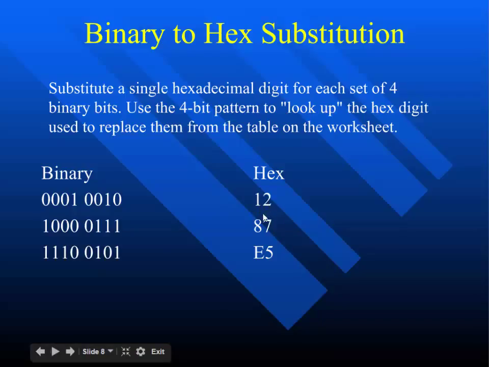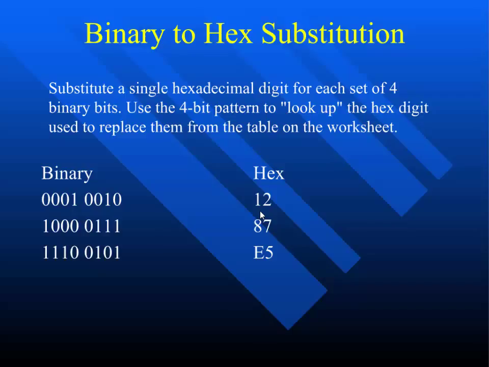So the base 16 number is 12. Notice I didn't say twelve. 12 in hex is different than twelve. Twelve implies base 10. 12 in base 16 is actually 18 because the 1 is in the 16 column. So you say 16 plus 2, that's 18. So don't say twelve, say one-two when you're reading in hex.